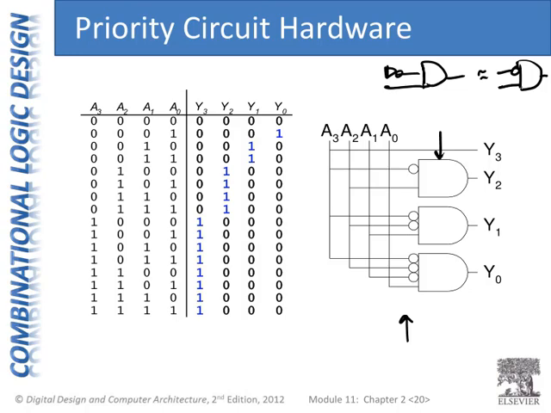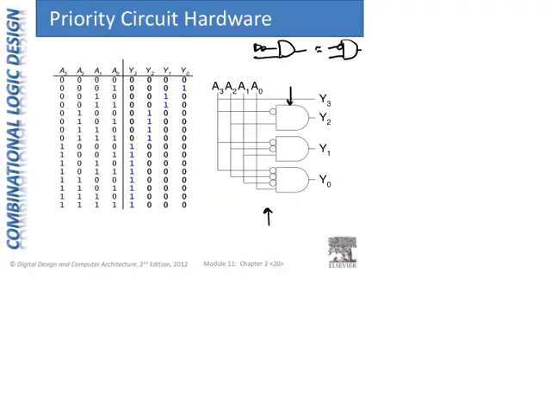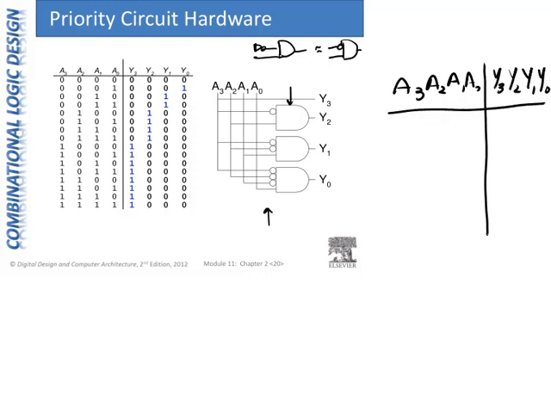So we can also write the truth table so that it indicates this function more clearly. We kind of said this in words too. If we have our inputs A3, A2, A1, and A0, and again our outputs Y3, Y2, Y1, and Y0, and we write a truth table for that, we can see that if we have 1 on A3, it doesn't matter what A2, A1, and A0 are.